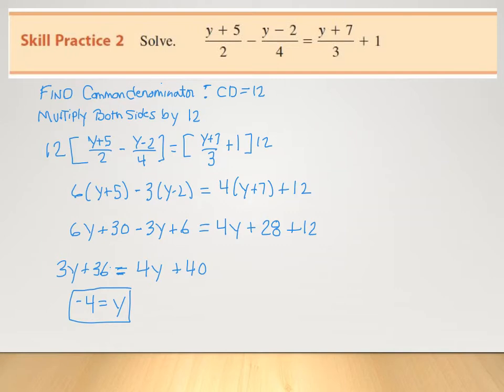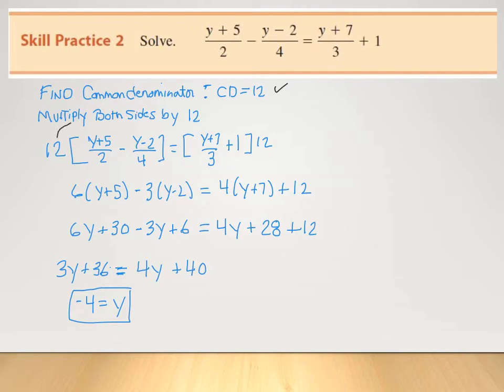In our second problem, we have a rational expression of linears. And so the first step is to find the common denominator. In this case, the common denominator is 12. And so our first method of solving for y is multiplying both sides of the equation by 12.